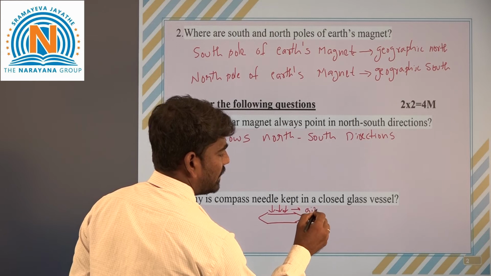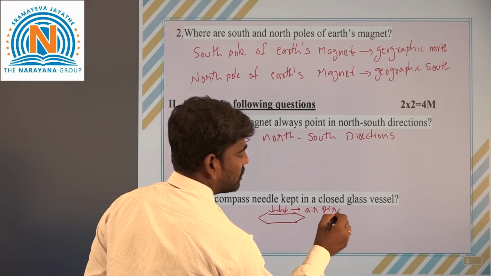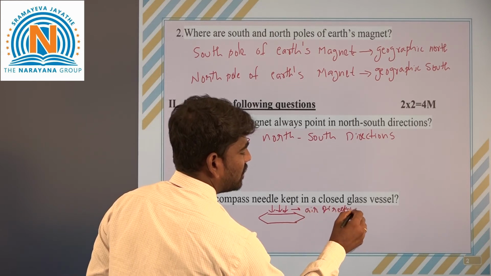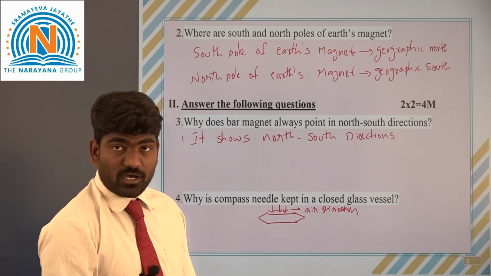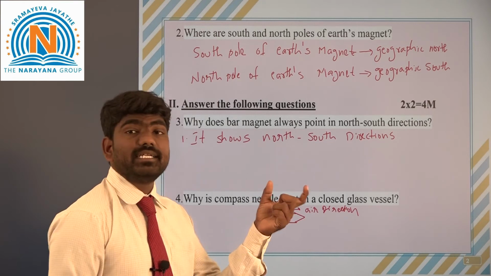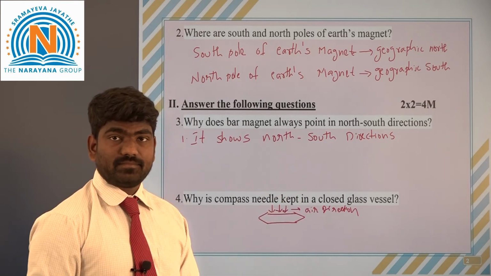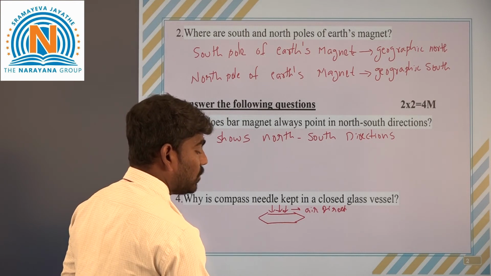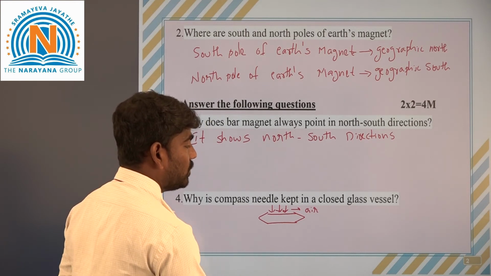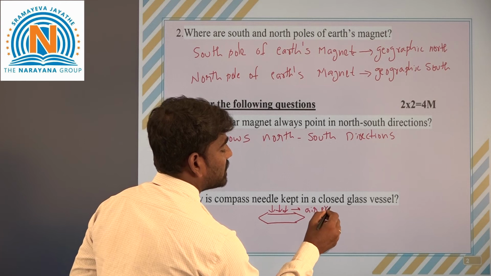If air is moving in that particular direction, there is a chance the position of the needle may deviate. We can call this air pressure.